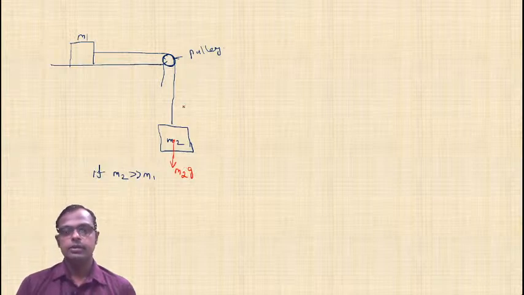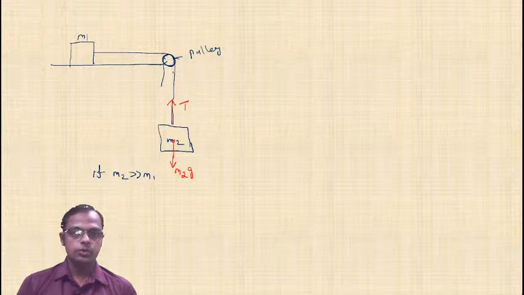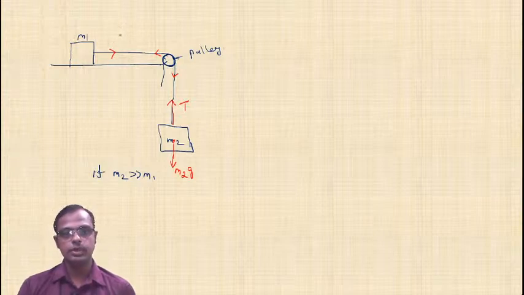Due to this M2g force acting vertically downward, there will be a force acting on the inextensible string, that is tension. So the tension direction I am marking here. Tension will always be away from the body. So this is the tension. The same tension will be acting on nearby M1 also.